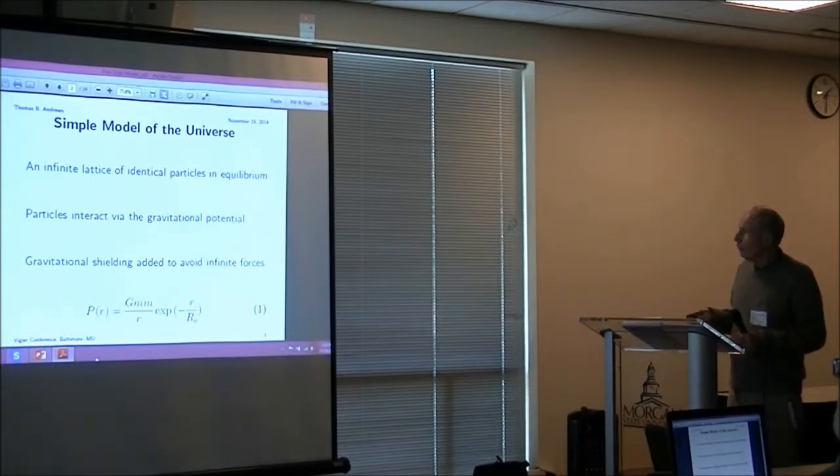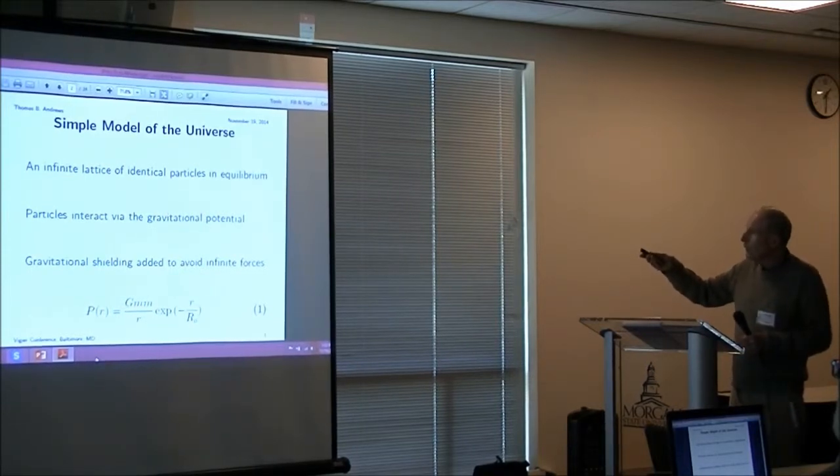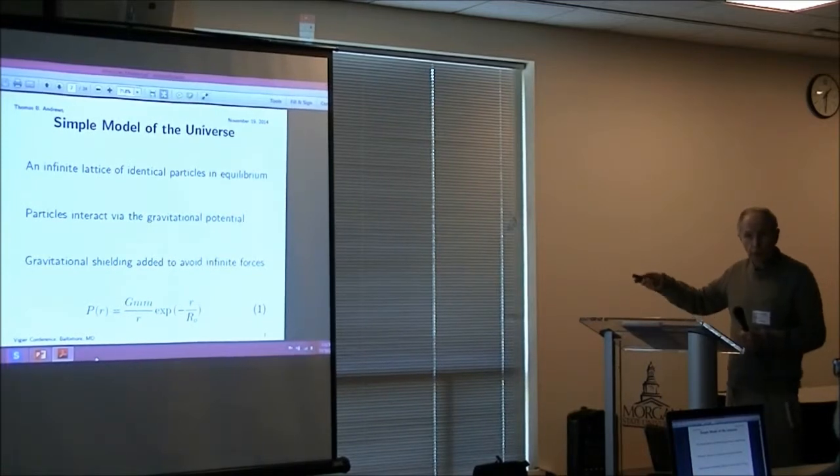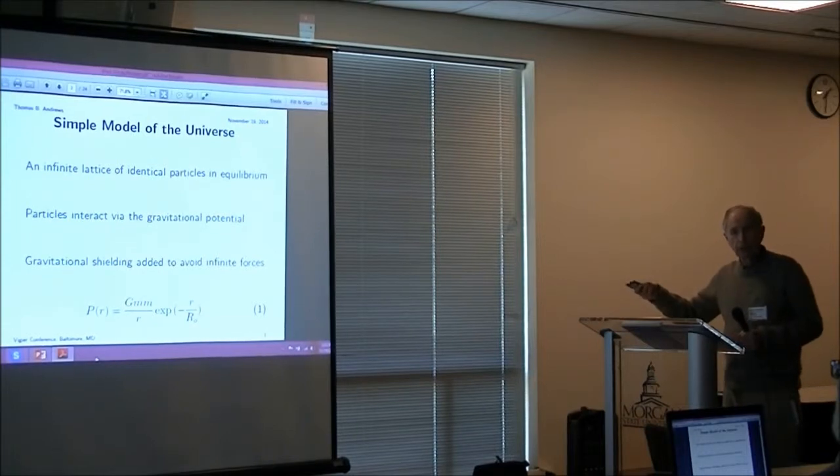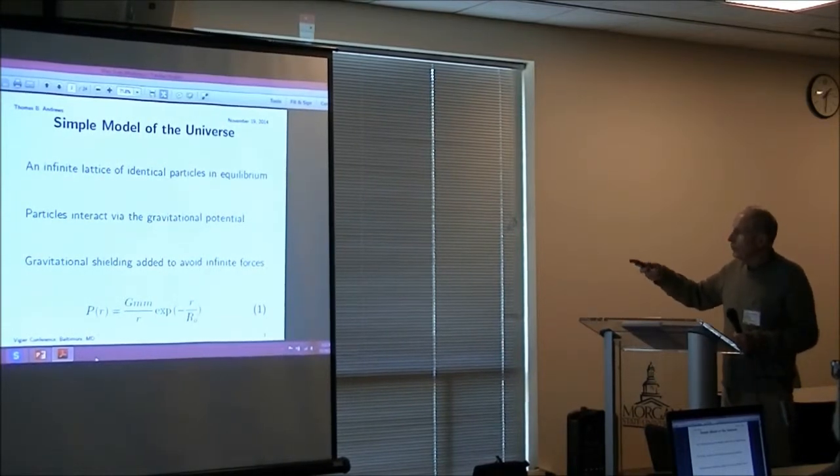So I want to consider first my assumption, which I'm putting up as an assumption right now, that the particles are in equilibrium, and the other assumption is the gravitational shielding. But I'm going to prove from observational data and from some logic that both of these are true.